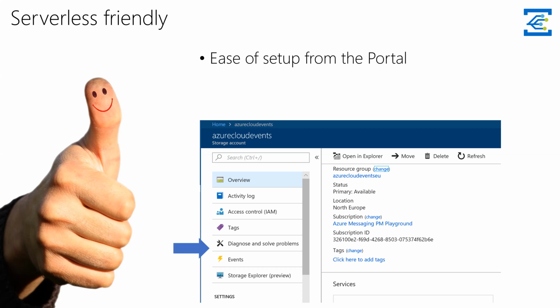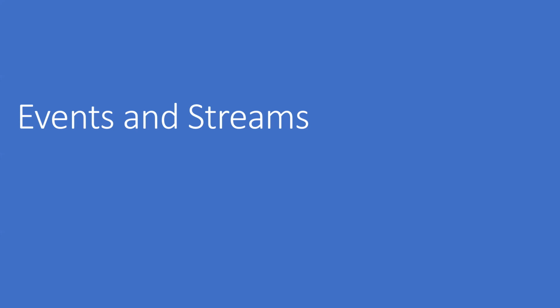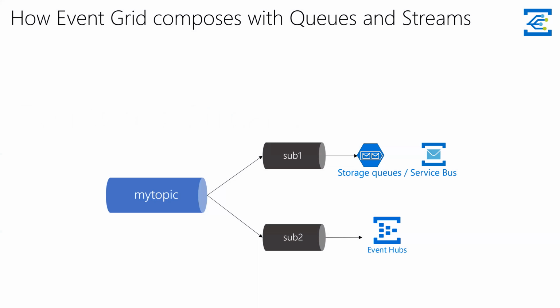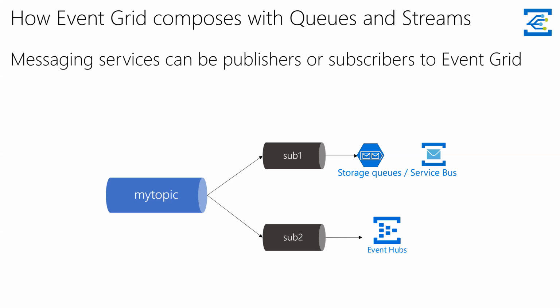So events and streams, that's an interesting one. I've mentioned before that the Event Grid topics can actually have subscribers that are other messaging services, such as storage queues, Service Bus, or Event Hubs. The reason for that is that these messaging services can be publishers or subscribers.